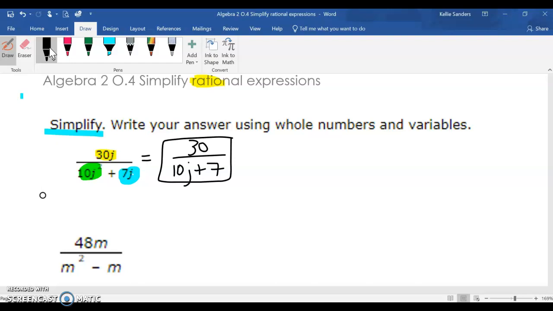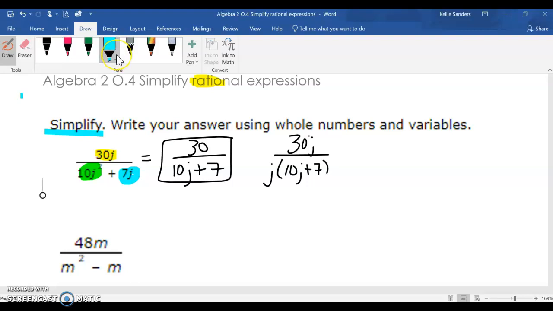And that would be the fastest way of doing this problem. Now, not all of them are going to be able to be done like that. So let me show you another way. So we'll leave the top alone because there's nothing that we can do at the top. But on the bottom, remember on Unit J, the first thing I ask you to ask yourself is, is there anything that we can take out? And yes, we can take out a j. And if I take out a j, then I'm left with this.